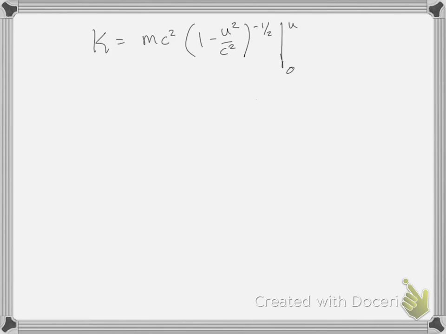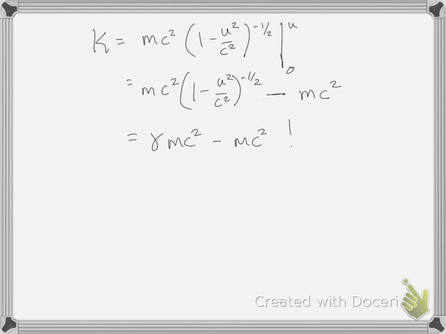So when we evaluate that from 0 to u, because that was the integral we had to do, mc squared at u is 1 minus u squared over c squared to the minus 1/2, and then minus it evaluated at 0, and evaluated at 0, what do you get? mc squared. And now you can see that this is just gamma mc squared minus mc squared. Ta-da! That's what the kinetic energy is.